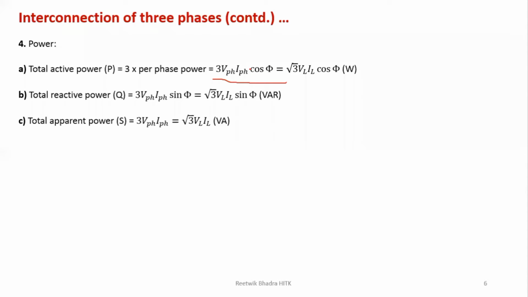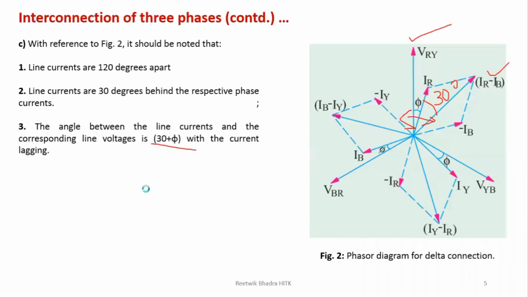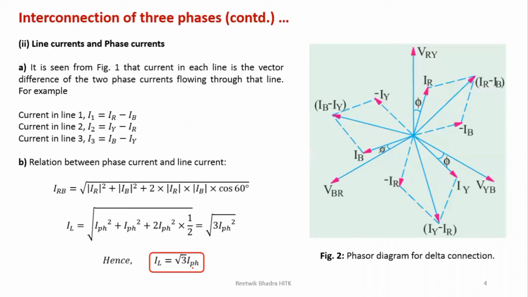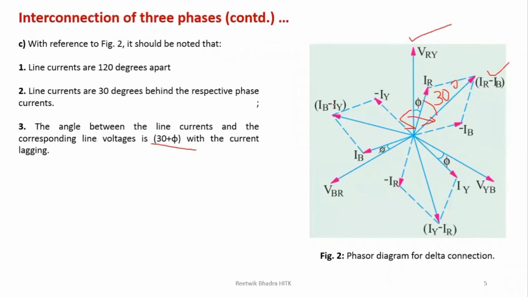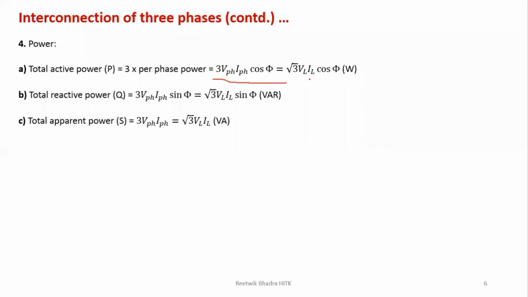There is PH or L, meaning phase voltage or line voltage. So 3 VPH IPH cos phi. Put the relation over here, IL equal to root 3 IPH and VL equal to VPH, and you will get this equation. In this equation, if you see the last class lecture, all are the same. So you remember one formula only: root 3 VL IL cos phi, that goes for both star and delta. This is in watts.